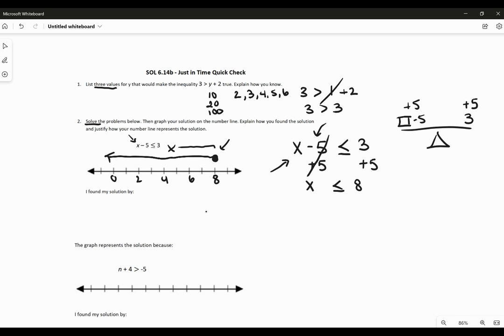X is all of these numbers forever and ever and ever, up to 8, including 8, but nothing over 8. I found my solution by isolating the variable.